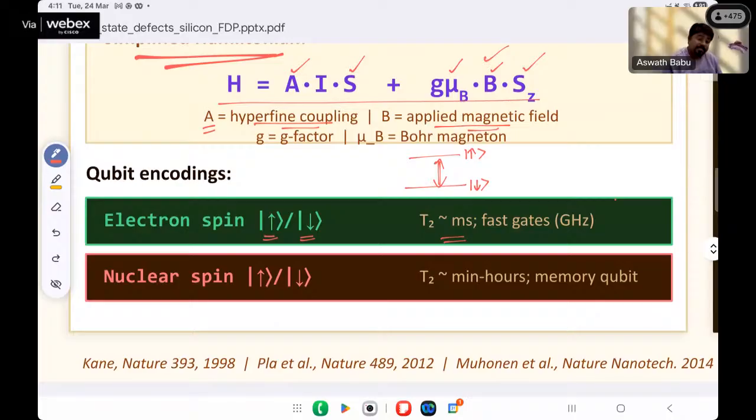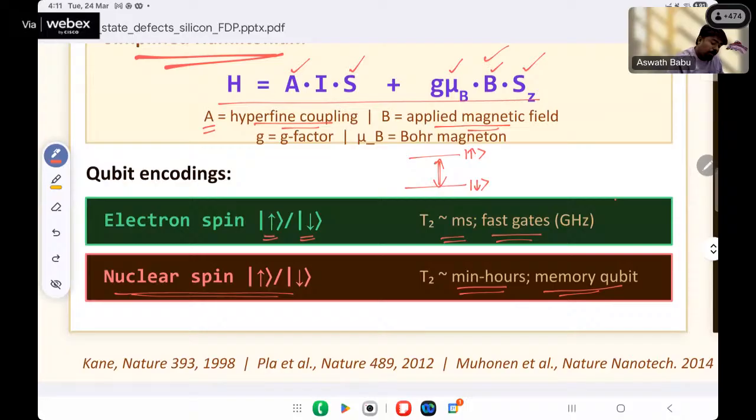It is in milliseconds, for example, for the electron spin qubit. At the same time, we can realize a spin qubit with the nucleus also. There, the oscillation lifetime could be a few hours. It can be used as a memory qubit. The first one can be used as a gate qubit, for fast gates.